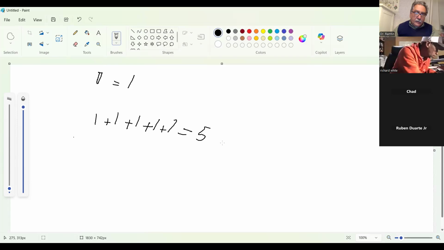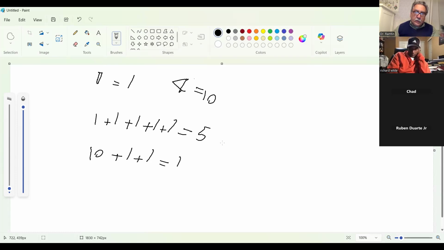The second one, we have this sign, sorry, my drawing is not very good, which means 10. So we have 10 plus 1 plus 1, which is 12. And for the third answer, remember, these are all together.